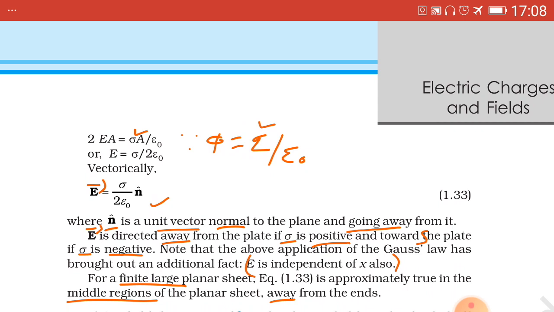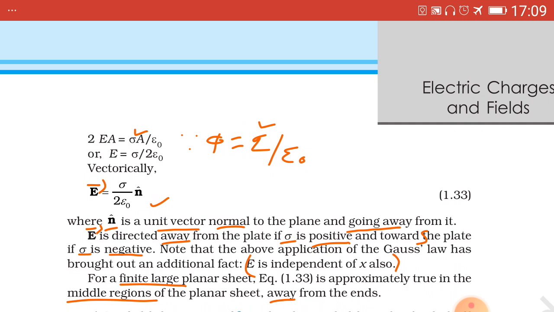Here we see that 2EA equal to sigma A upon epsilon 0. Phi equal to 2EA, which we have seen from the description, and also phi equal to Q upon epsilon 0 from Gauss law.